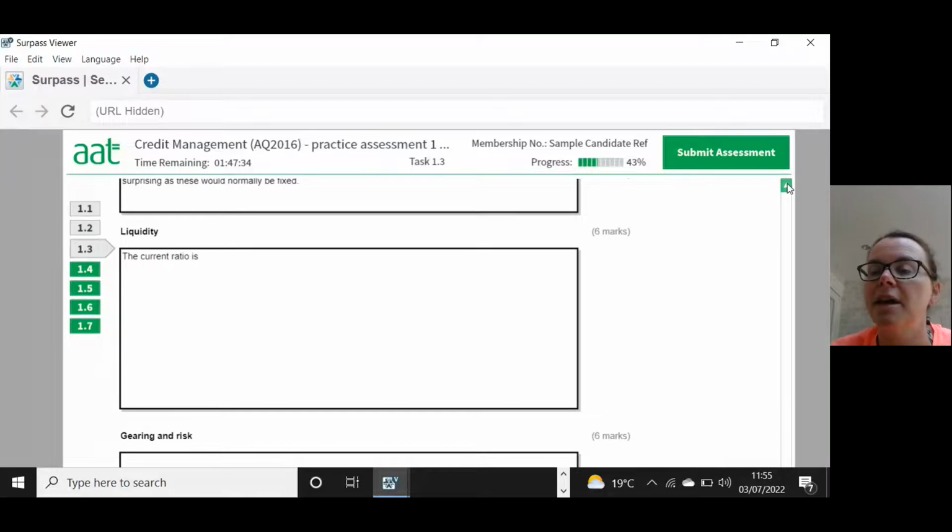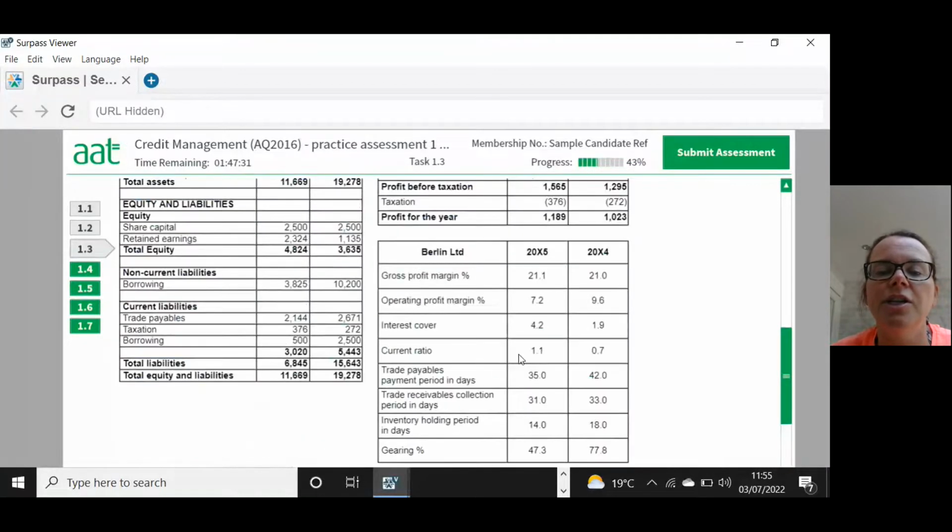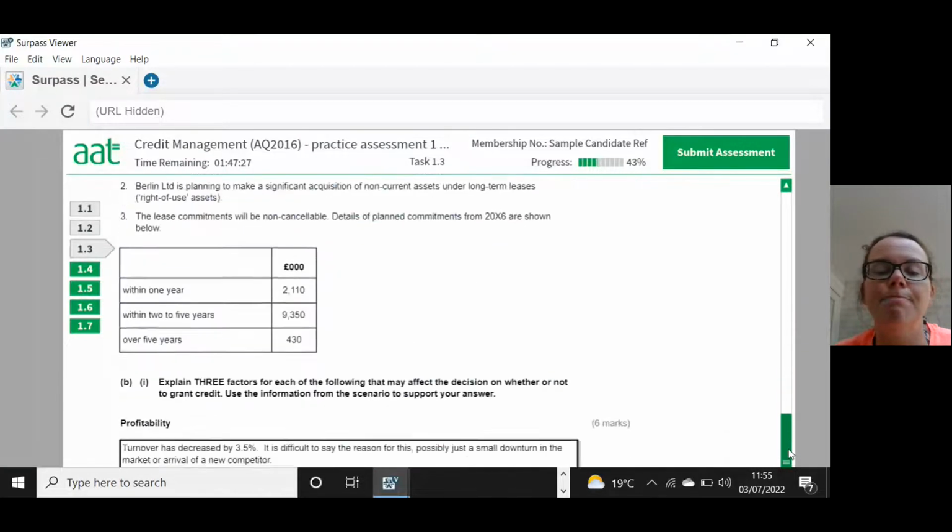So the current ratio is, and then we would have a look. So what's happened to the current ratio? Right, it's gone from 0.7 to 1.1, so that's better.